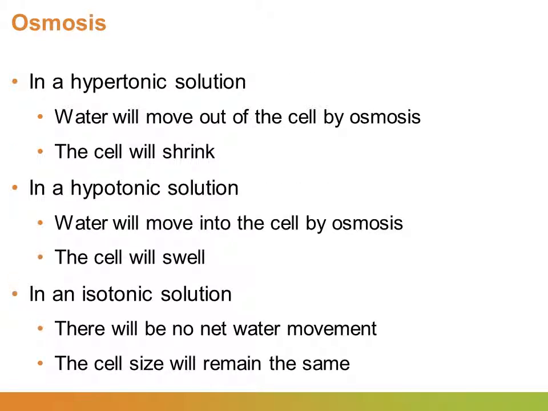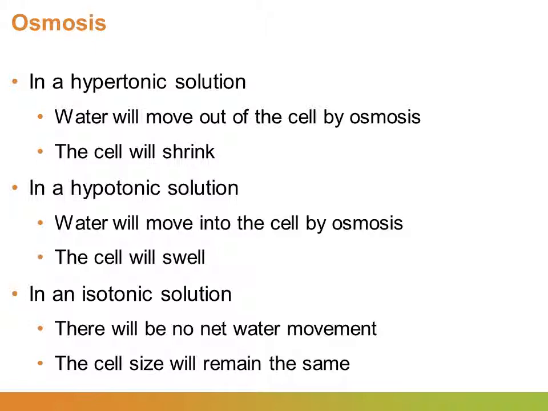In a hypertonic solution, water will move out of the cell and the cell will shrink, and if it's going to shrink, it's going to lose weight. In a hypotonic solution, water will move into the cells by osmosis. The cell will swell, and if water keeps on moving in, it can make the cell burst.